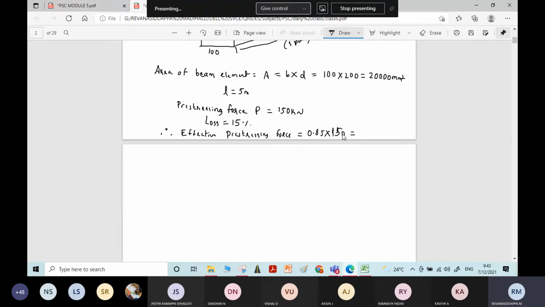Tell me the answer. 127.5 kilonewton. Okay, this is the effective pre-stressing force. P is equal to 127.5 kilonewton. While doing the calculation, we need to take this value only, not the 150 kilonewton.